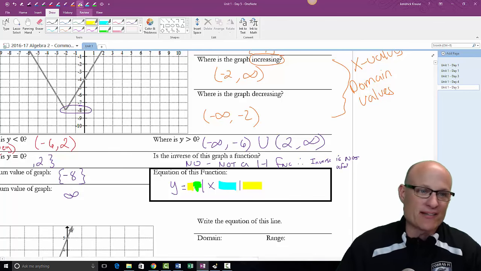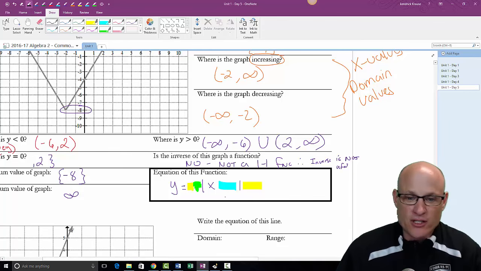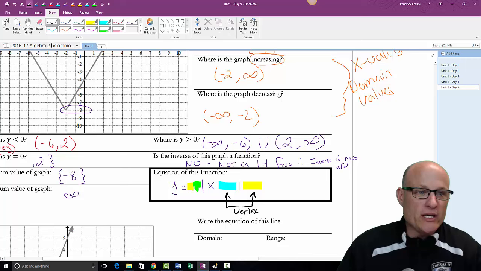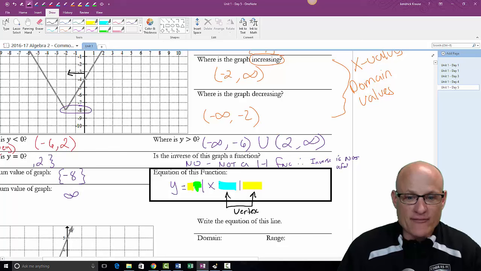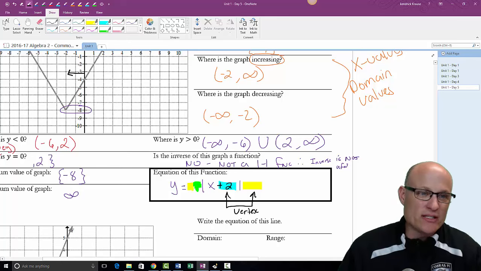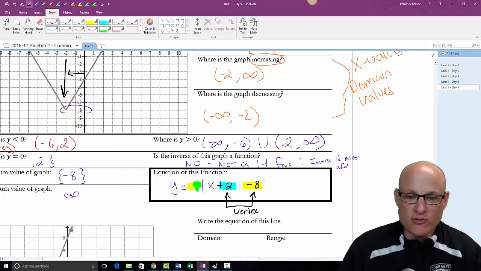The first 2 I'm going to decide on are these 2, because these are the vertex. We move to the left 2. Don't forget, when you move to the left, on the inside, that's backwards, plus 2. We move down 8. On the outside, it is exactly what you think, minus 8.